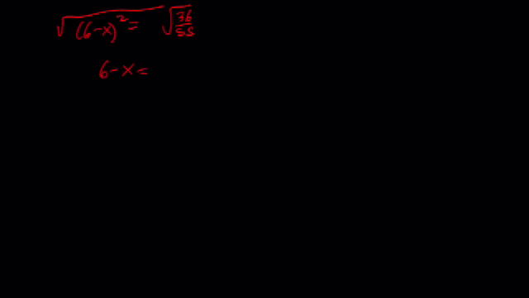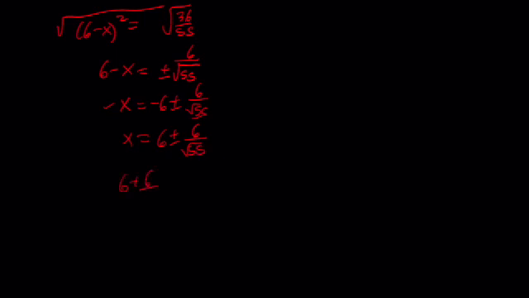So I have 6 minus x equals plus or minus 6 over the square root of 55. So I have negative x equals negative 6 plus or minus 6 over the square root of 55. So I have x equals 6 plus or minus 6 over the square root of 55. That was so much fun.